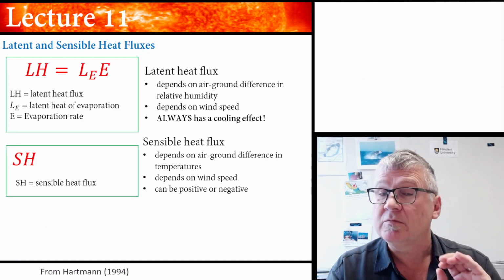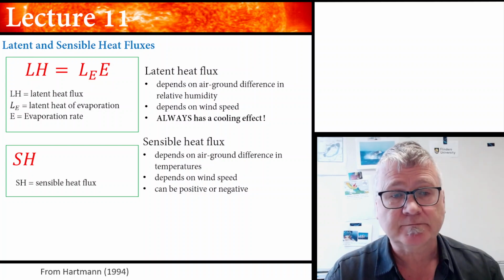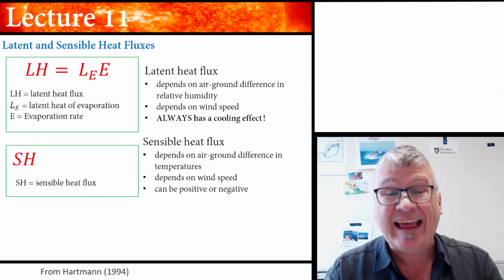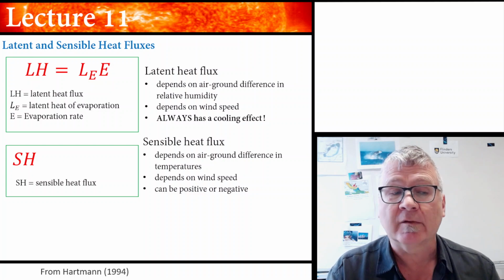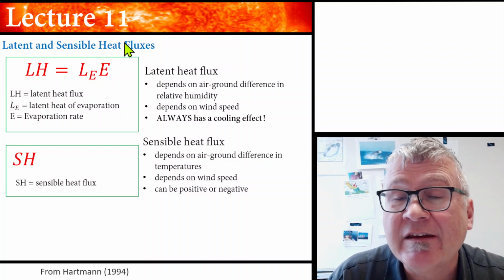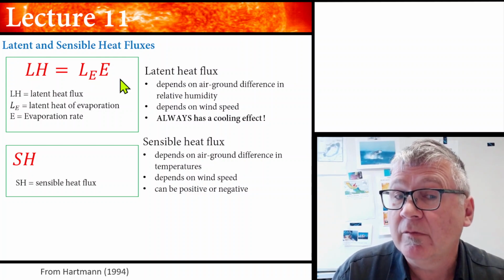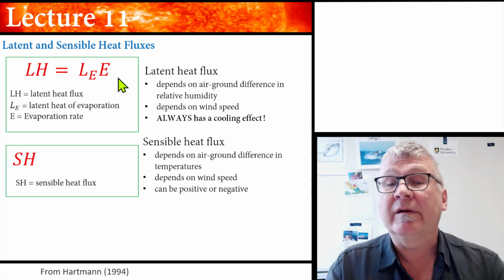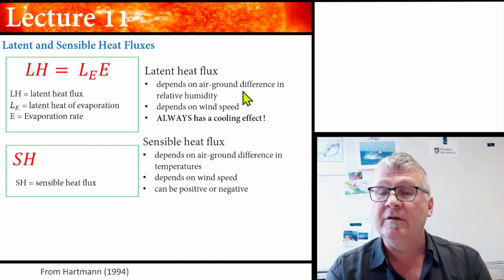Let's talk in more detail about these latent and sensible heat fluxes. The latent heat flux is associated with evaporation. It is directly proportional to the evaporation rate: evaporation gives you a heat flux. This flux depends on the air-ground difference in relative humidity.